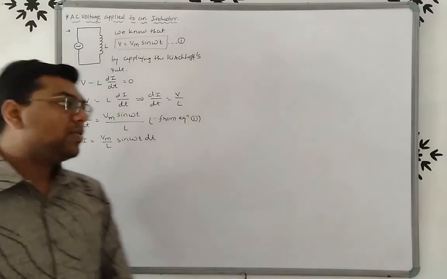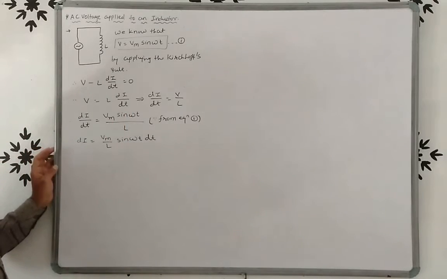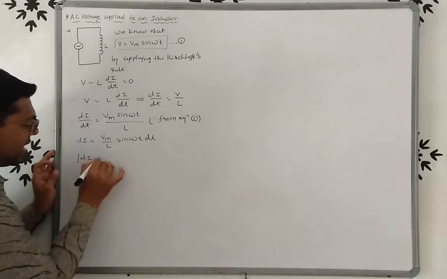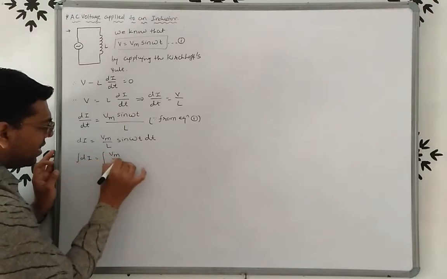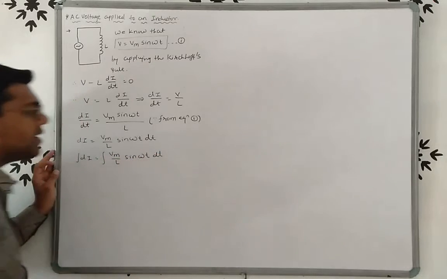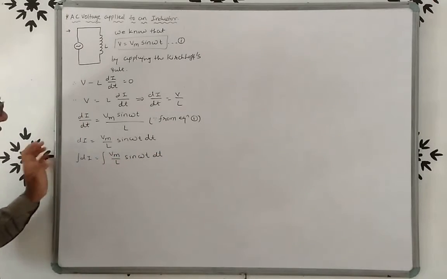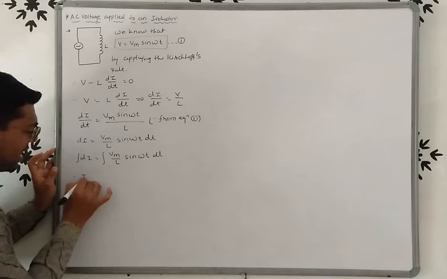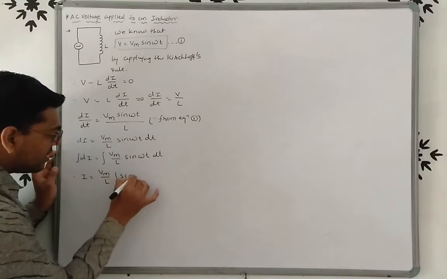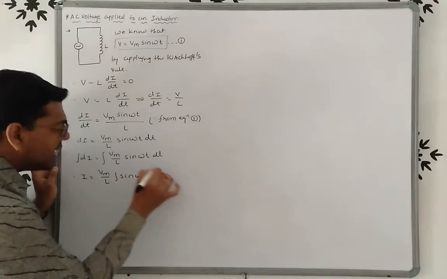Now to find the current, we have to take the integration of this equation, right? So integration of di is equal to integration of Vm by L sin omega t dt. But here Vm and L are constant. So I is equal to Vm by L integration of sin omega t dt.